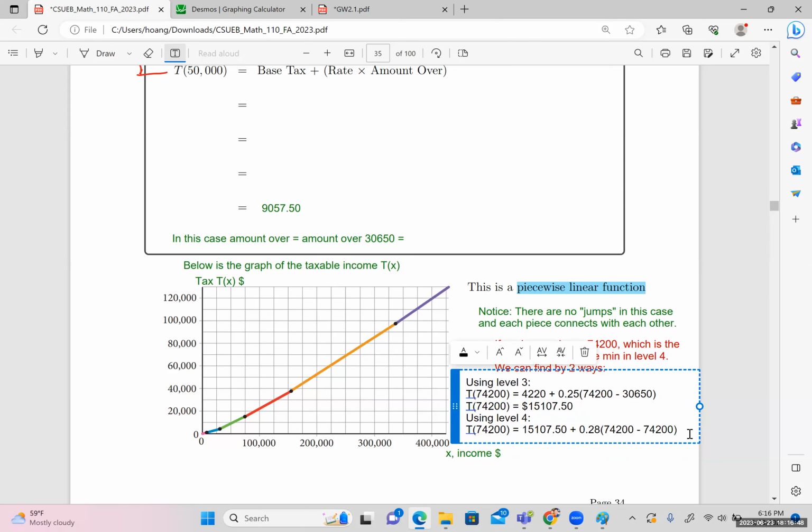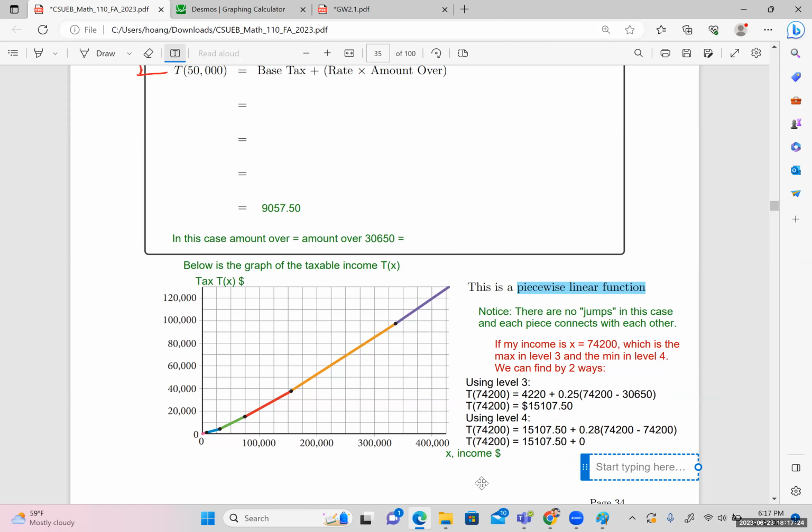because I want the amount over 74,200. So it's not over, it's just 0, right? So then we will have the taxable income for 74,200 will just be 15,107.50. So it's going to be the same as the amount that I'm using in level 3, right? So this is the same amount.